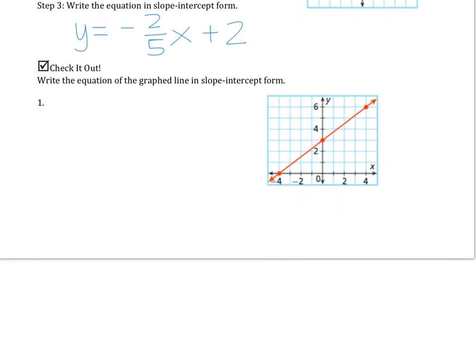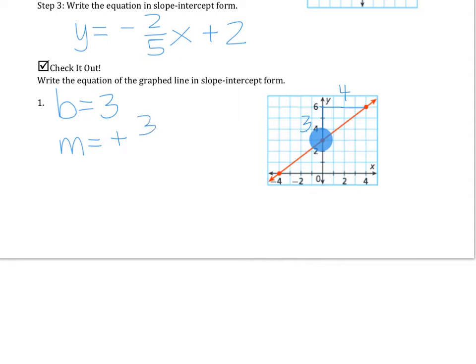Okay, you go ahead and try this one. Right, doing this one, you should have found that the y-intercept was 3.